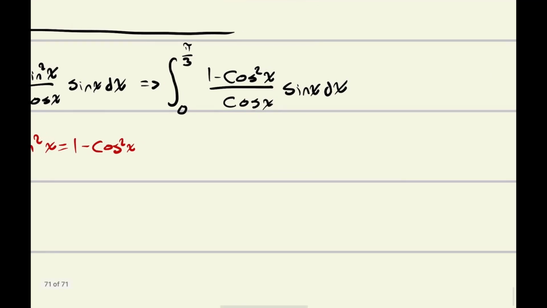Now we can do u substitution, where u is equal to cosine of x, and du is equal to negative sine of x dx, so negative du is equal to sine x dx.